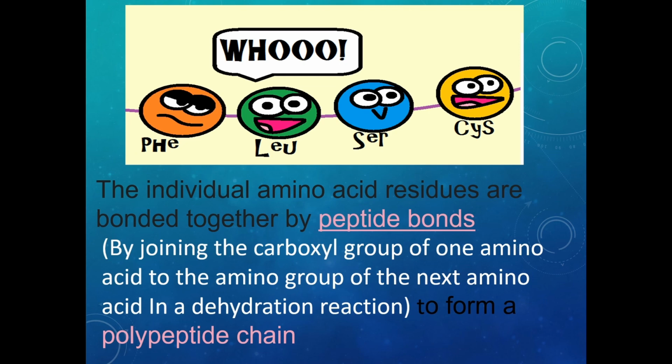Actually, the bond is called a peptide bond, and the chain that will be formed is the polypeptide chain. The cartoon faces are the amino acids, and those are peptide bonds, and the whole thing is the peptide chain.